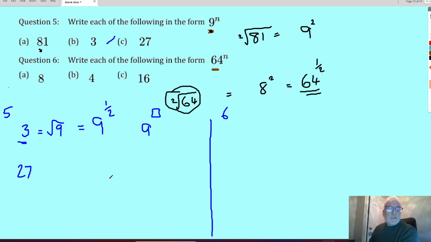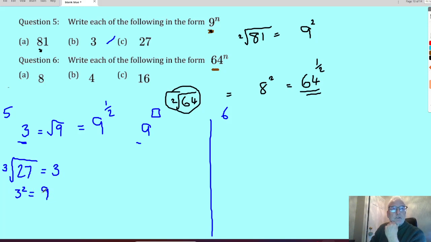Let's look at 27. I've got 27. And remember, this time I need my base number to be 9. So I can't get to 9 using indices very easily from there. But if I cube root that, that will get me to 3. And then if I square the 3, that will get me to 9.